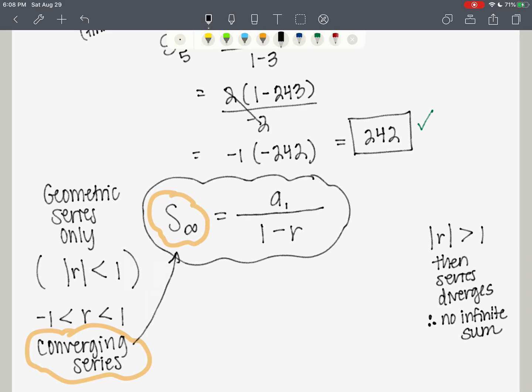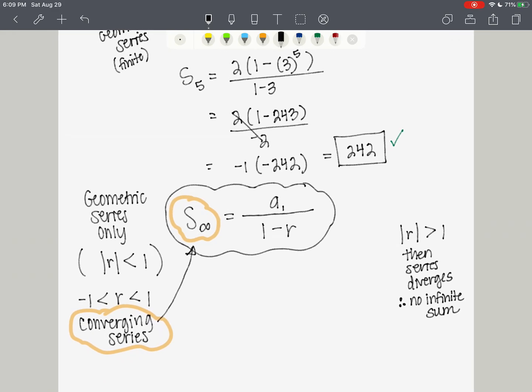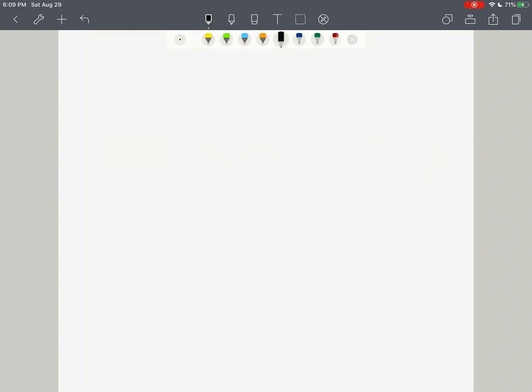And you can only use this when you have a converging series. Let me show you an example of a converging and a diverging series. So here we have, let's do something real obvious, 10, and then divided by 2 would be 5, and then divided by 2 would be 5 halves, and then divided by 2 would be 5 fourths, and then divided by 2 would be 5 eighths, and then 5 sixteenths, and then 5 32nds, and then 5 64ths.